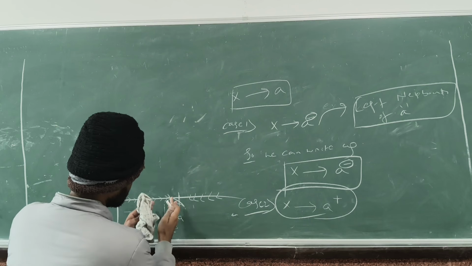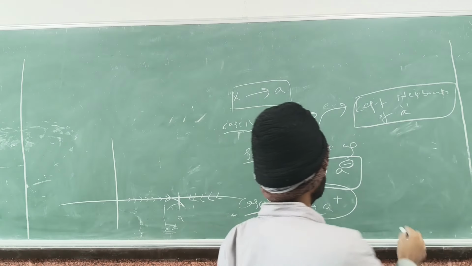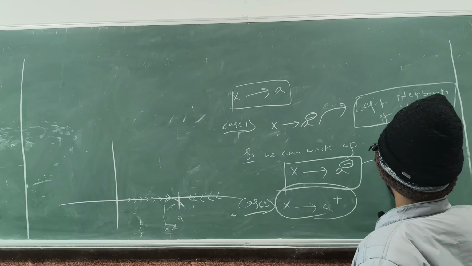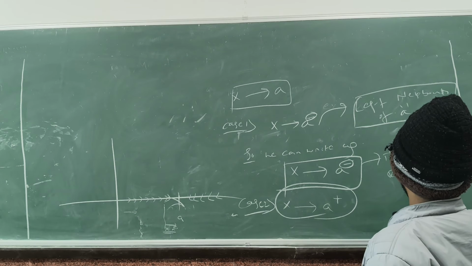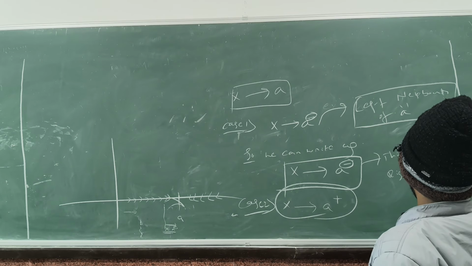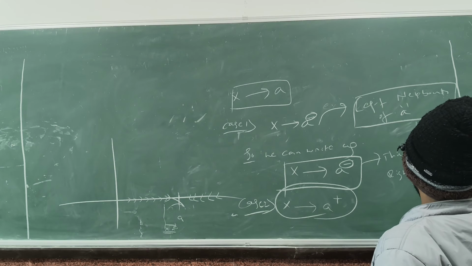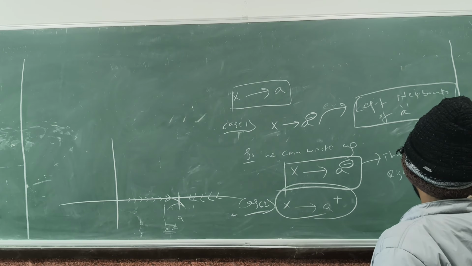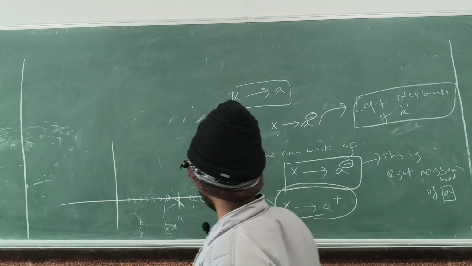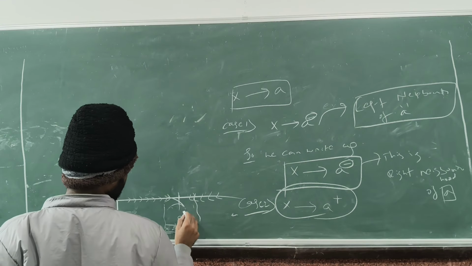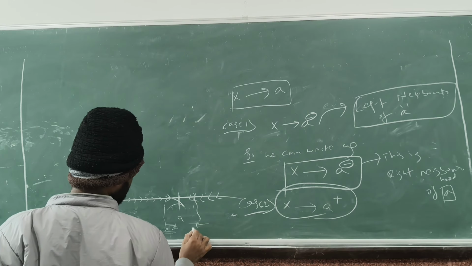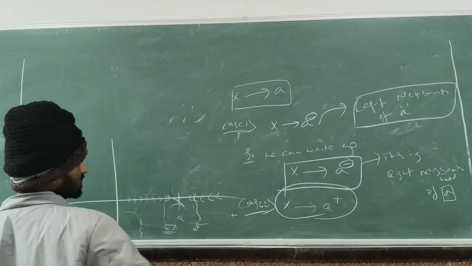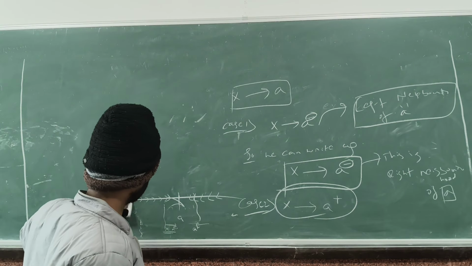So this whole region is the left neighborhood of A, and this is the right neighborhood of A. Similarly, these points, since they approach from the right side towards A plus, are the right neighborhood of A.